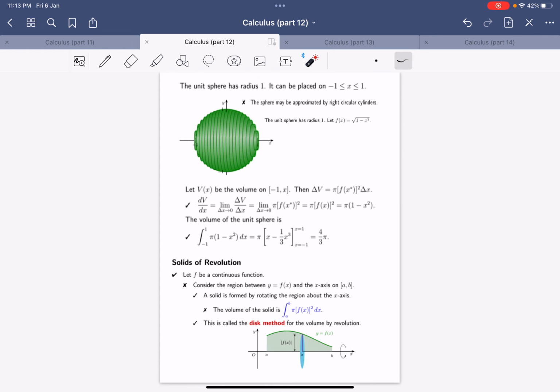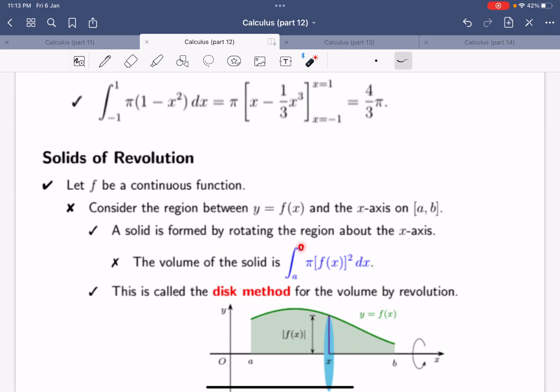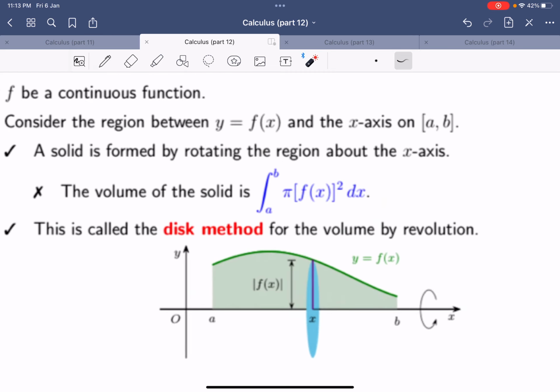And so we take this idea of approximating a sphere with circular cylinders to realize that for any function that you rotate about the axis, you're able to find its volume by integrating from a to b of pi times (f(x)) squared dx. This is known as the disk method for calculating volume of revolution, and that's because this cylinder has a radius of f(x).